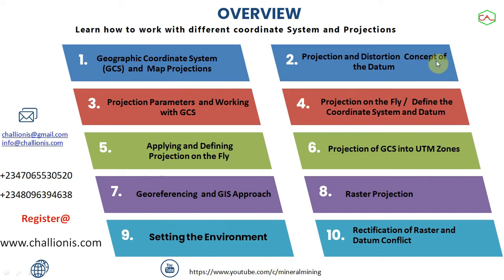We'll look at projections and distortion, concepts of the datum, projection parameters, and also working with GCS, projection on the fly, defining coordinate system and datums, applying and defining projection on the fly, and also projections of GCS into UTM zones, then georeferencing and GIS approach. Then we'll be looking at raster projection, setting our environment, and rectification of raster and datum conflicts. So this is what we are going to treat in this module.